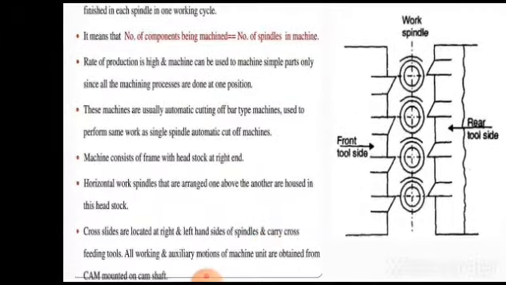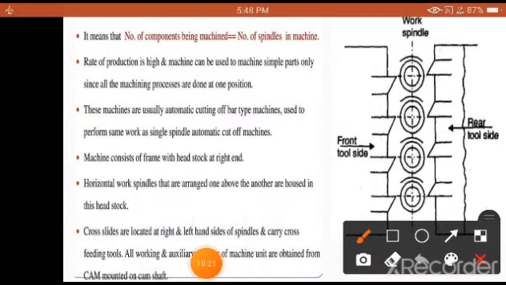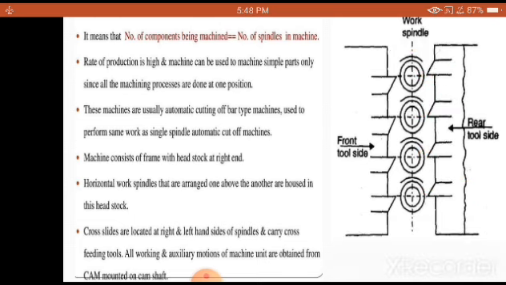See, in a single spindle automat, only one workpiece is produced, but in this case it is possible to go for as many spindles as you like. However many spindles there are, so many workpieces can be generated at a time.